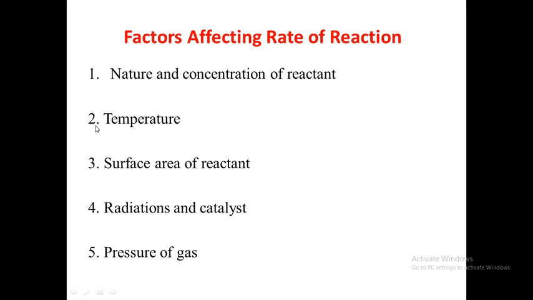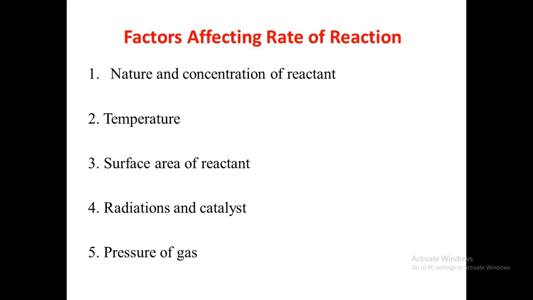For every 10 degree rise in temperature, the rate of a chemical reaction almost becomes double. Suppose we have a chemical reaction taking place at 25 degrees Celsius. When the temperature becomes 35 degrees Celsius, the rate of the chemical reaction, that means the change in concentration with respect to time, will become almost double.